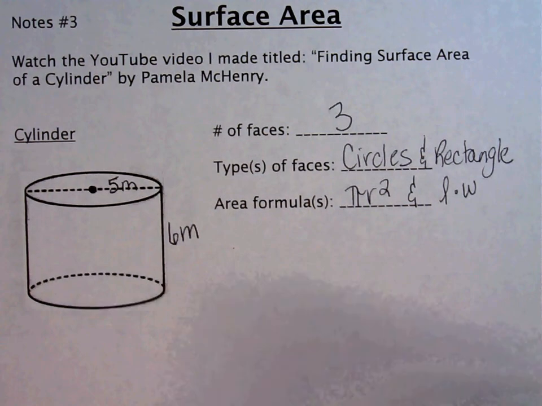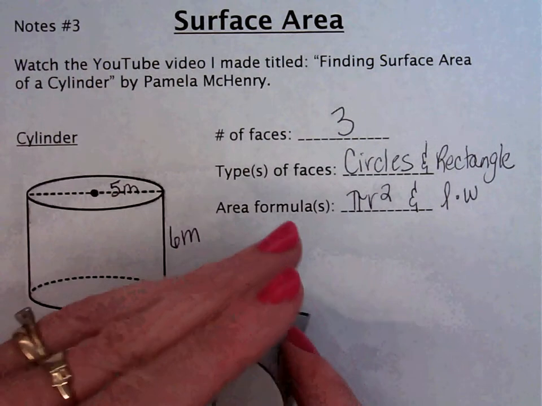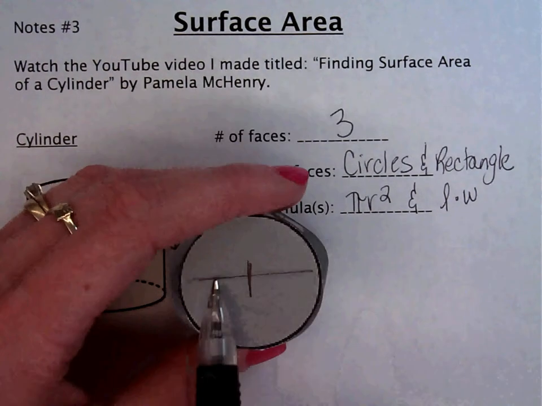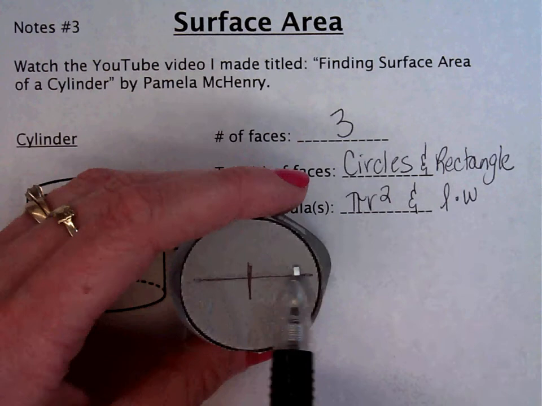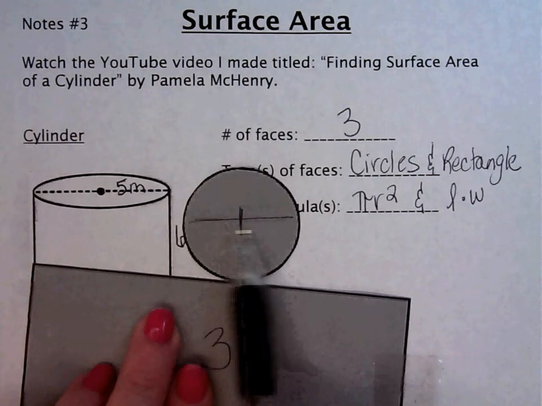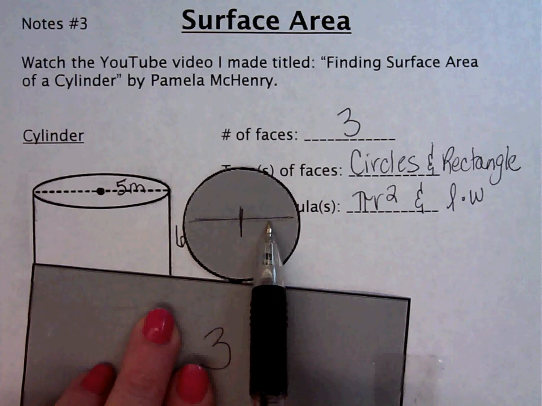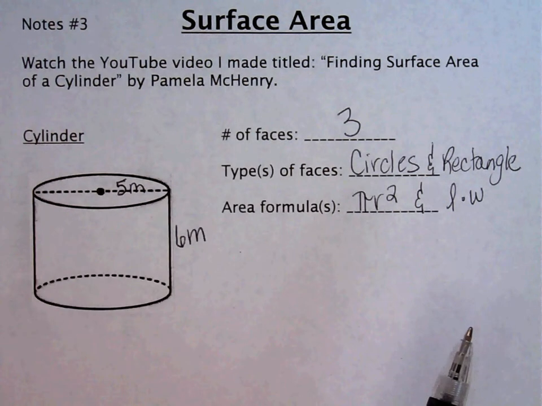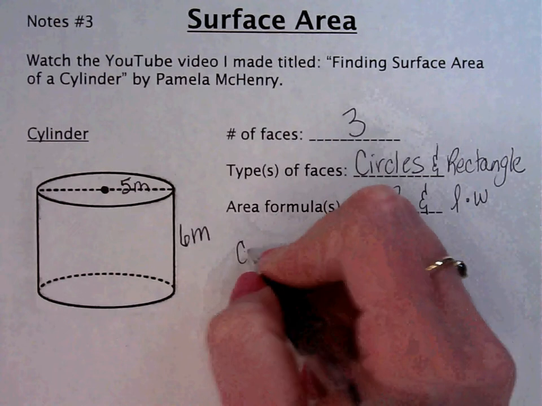Now the radius, if you picture our cylinder all closed up here, the radius is going to go through the center of the circle. And so it would be going right straight through here is where that 5 would be. And so let's use that and find the area of our circle.